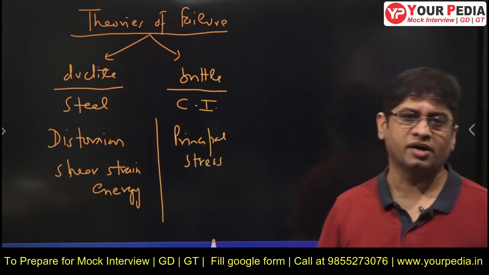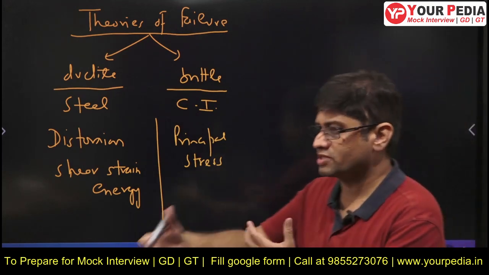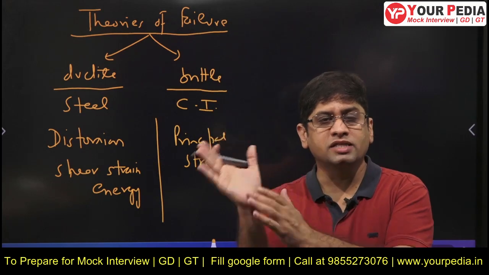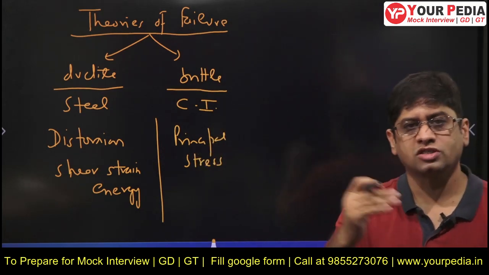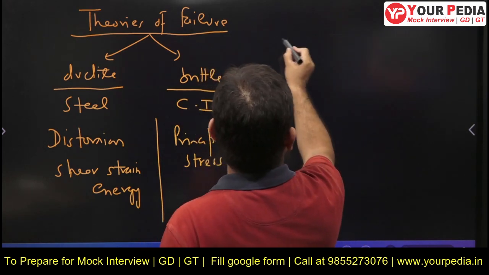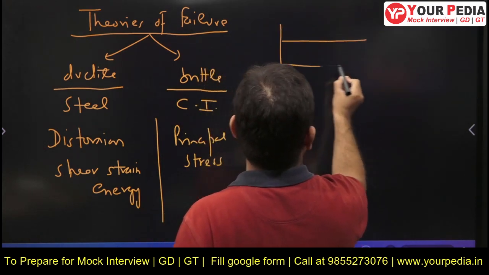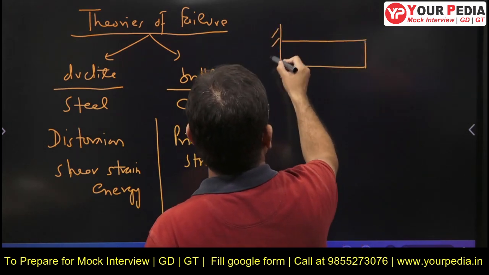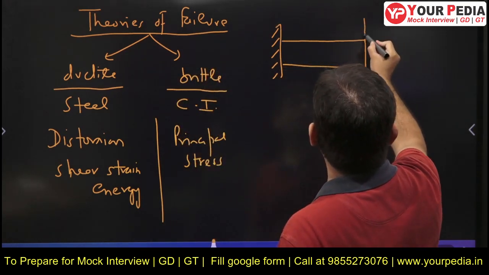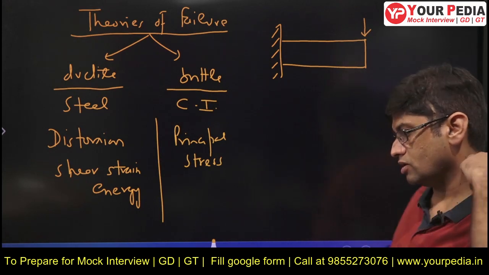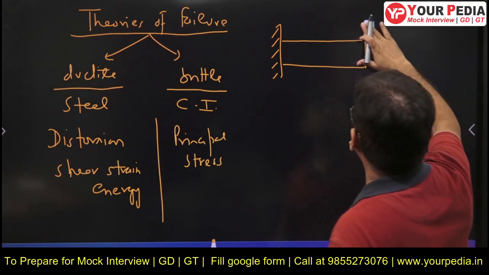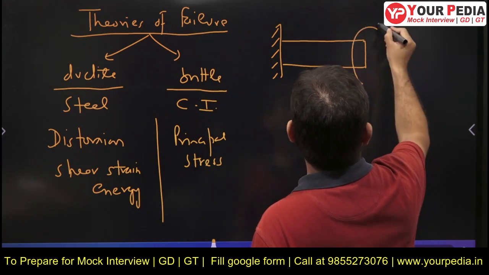Now cast iron is a brittle material, so, sir, I will use principal stress theory. It will fail where the principal stress is there, sigma 1, sigma 2. Now let me give you the diagram. Let's say this is a cantilever, forget about the material for now, and I apply a torque on this.